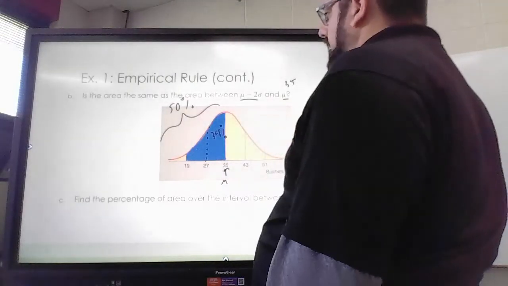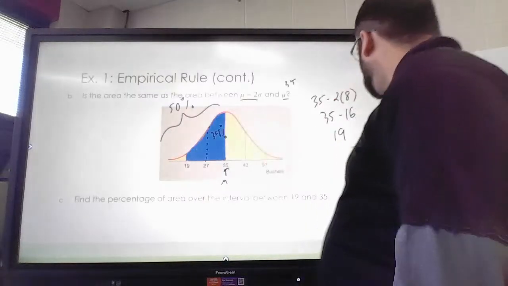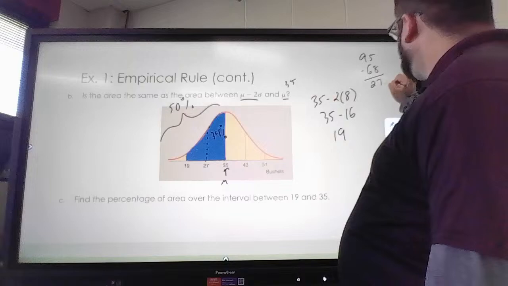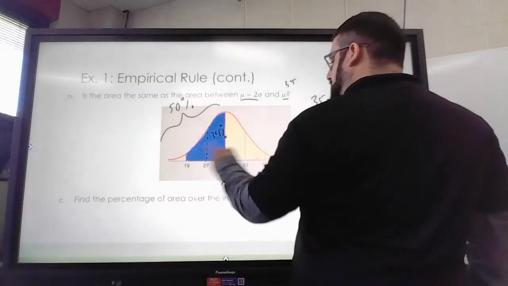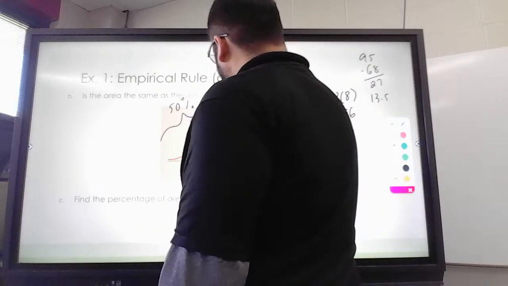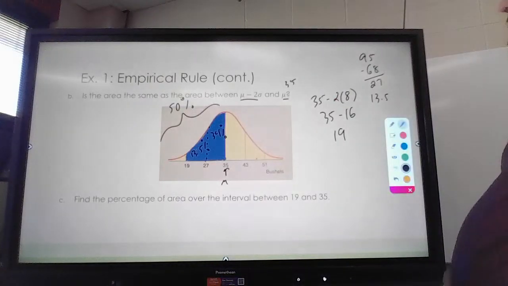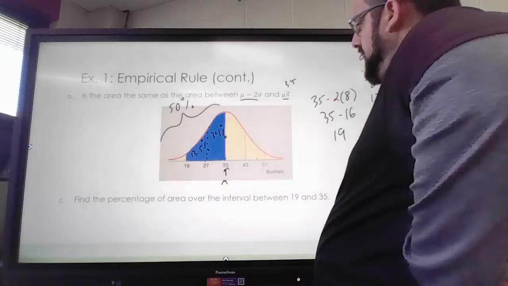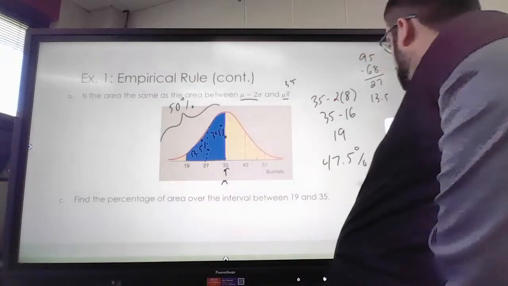And then also we calculated that 95 minus 68 was 27. So 27 for both of these sections, which means 13.5 for each little one. Well, if I add those together, 34 and 13.5, I get a total of 47.5%.